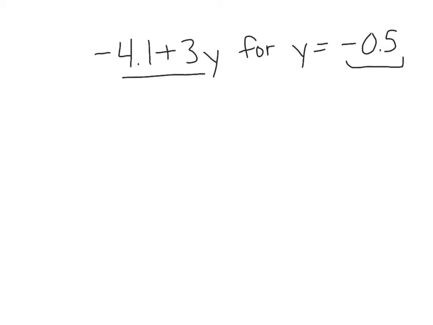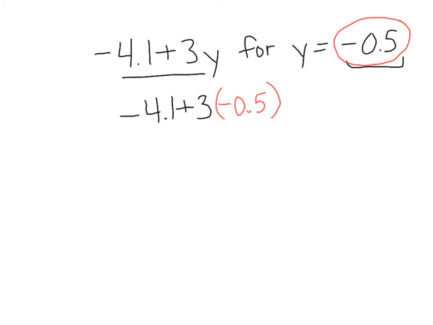So first I'm going to replace my variables with numbers. So I have -4.1 plus 3y, and y is -0.5. Notice I plugged it in with parentheses again because it's a negative, and that helps us keep track of what's happening with that. Okay, with my 3 right next to my -0.5, I know that's multiplying right there.